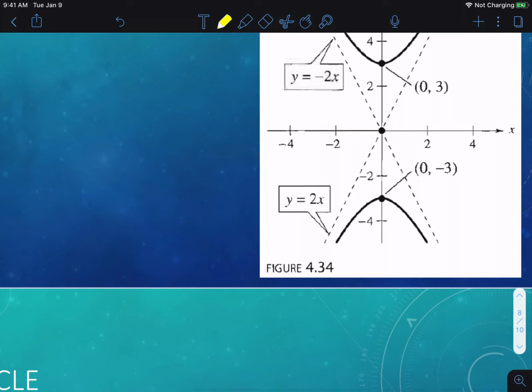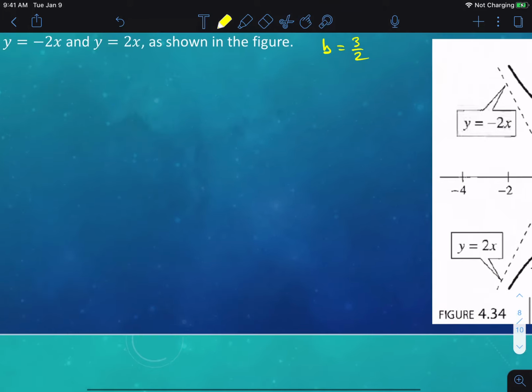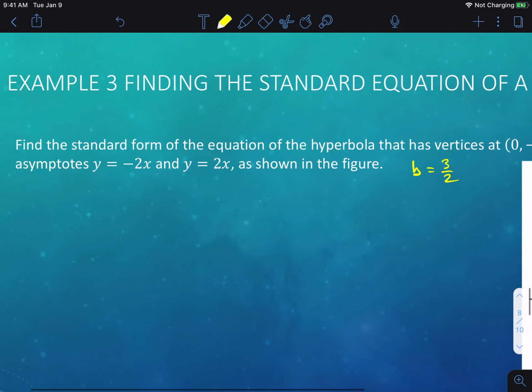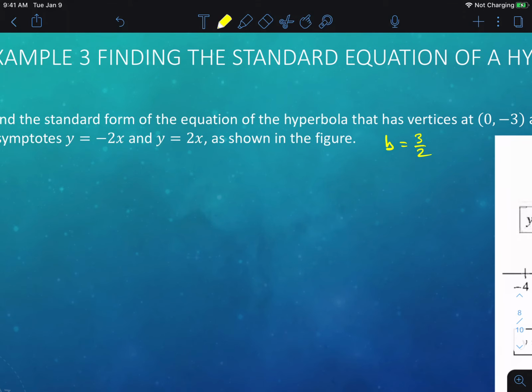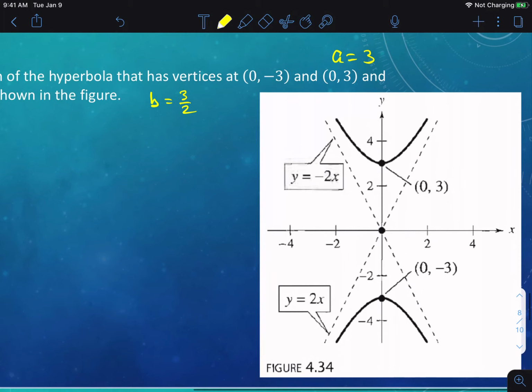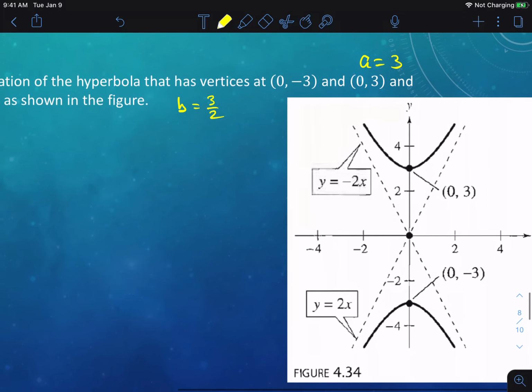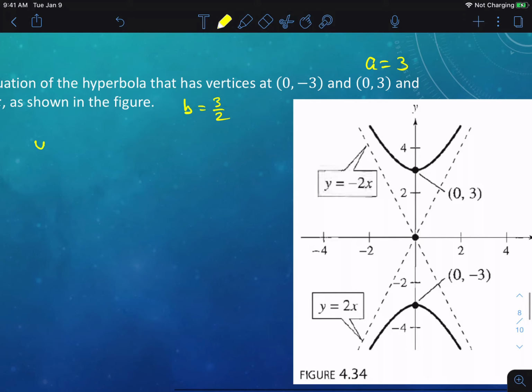So there's that. We're trying to write the standard form of the equation, and we have everything that we need. So we can say that this is going to be y squared over a squared, right? So it's going to be y squared over 3 squared minus x squared over, and we'll just write it this way, 3 halves squared. Okay, let's fix this up a little bit.